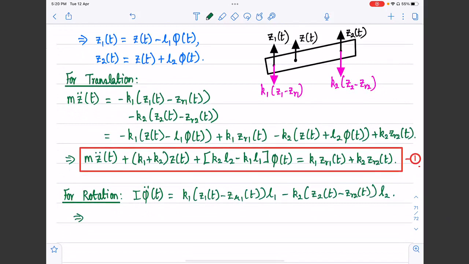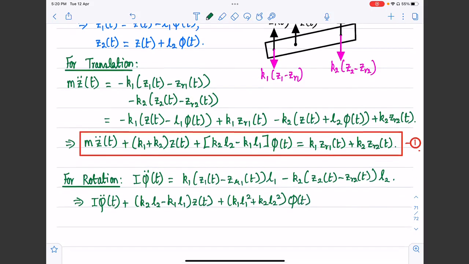All right, if we simplify this, I leave this to you as an exercise. By substituting for z1 and z2, we will get I phi double dot plus (k2 L2 minus k1 L1) times z(t) plus (k1 L1 squared plus k2 L2 squared) times phi of t.